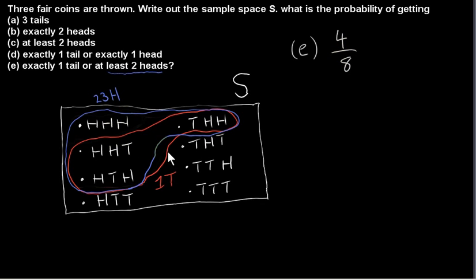If we want to talk about mutually exclusive or non-mutually exclusive events and just look at the probabilities of the 2 sets separately, well, we see that these are not disjoint sets, obviously. The intersection of them consists of these 3 elements, HHT, HTH, and THH.